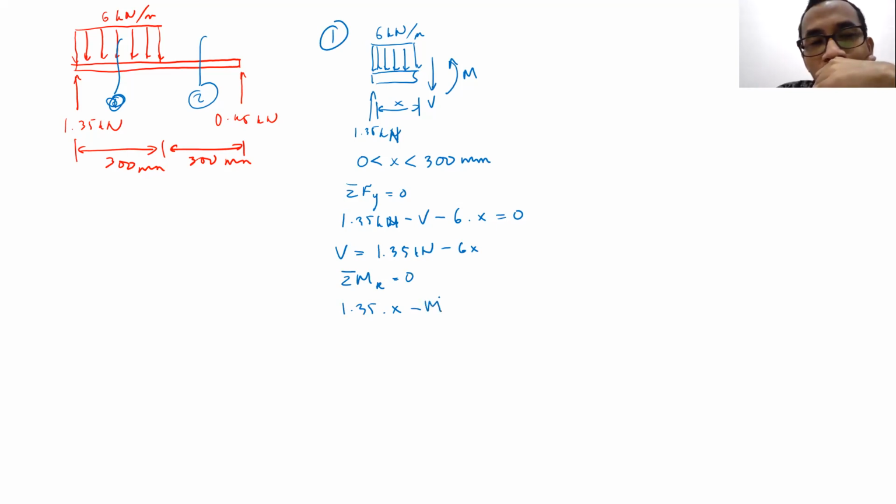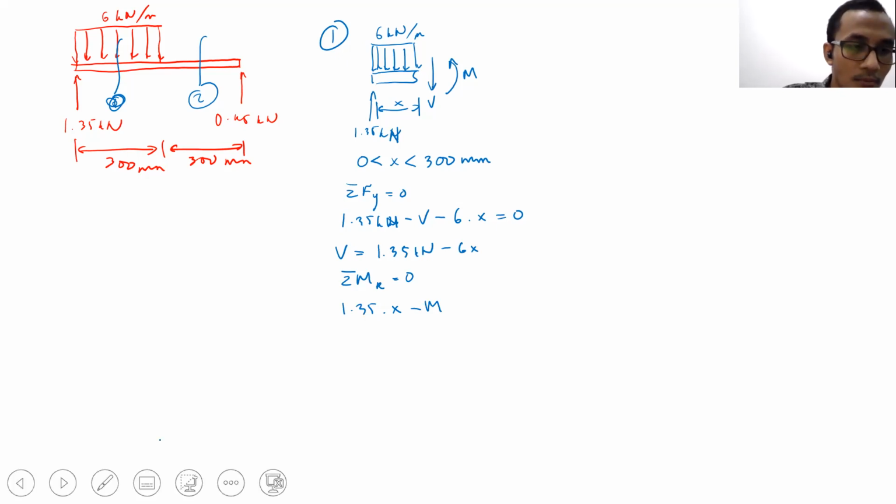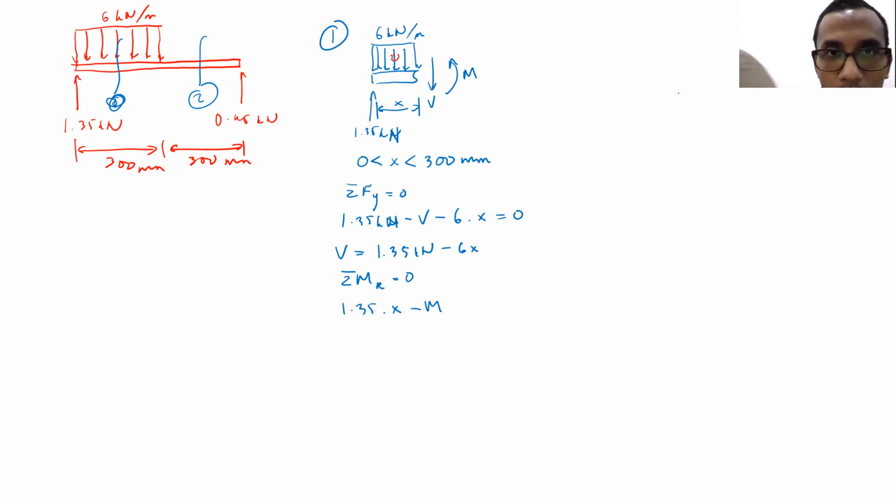And after that, minus. In order to help you, I will draw it this way. There will be a resultant force R. Let's consider it: the force will be 6 times x, and multiply it by x over 2. So minus x, sorry.